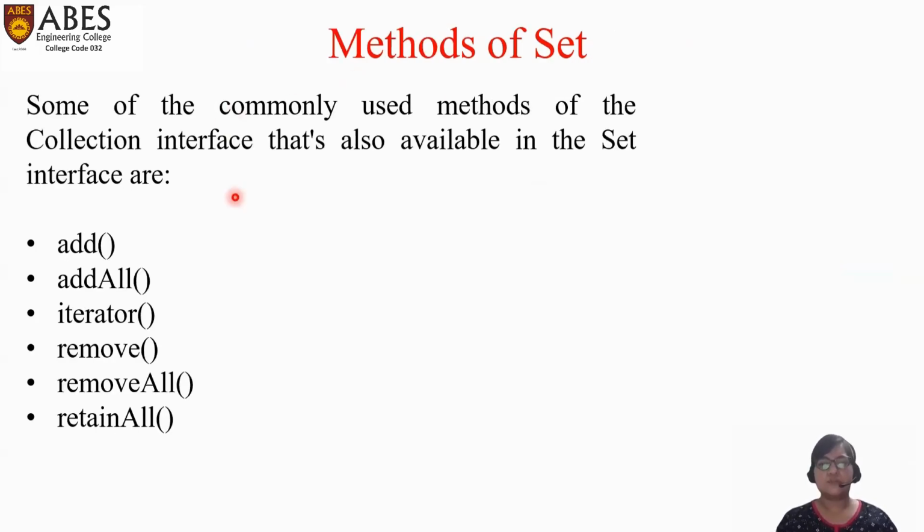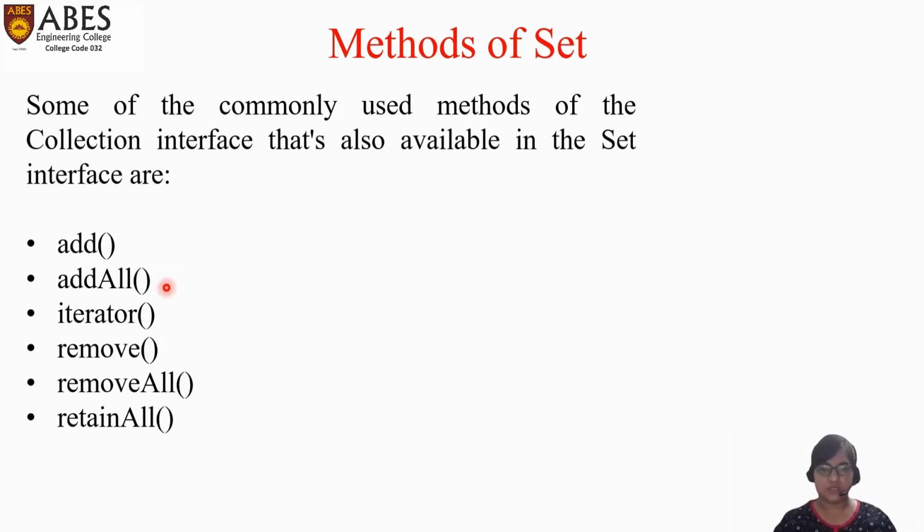Let's discuss methods of Set. Some of the commonly used methods of the Collection interface that are also available in the Set interface are, first, the add method. With the help of this method, we can add the specified element to the set, like ArrayList. Next, we have the addAll method.